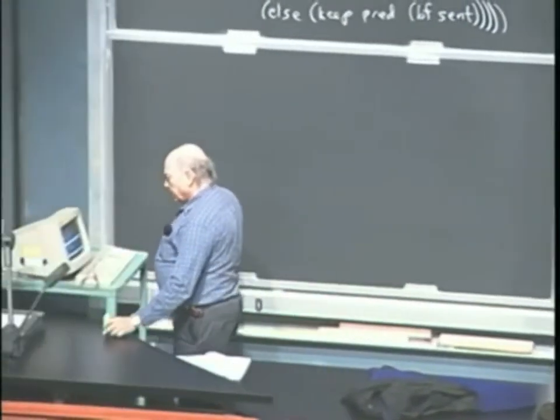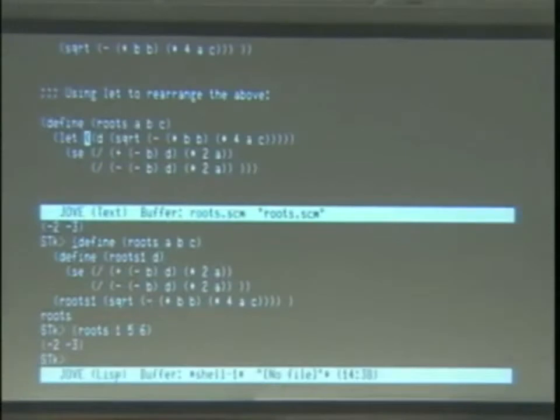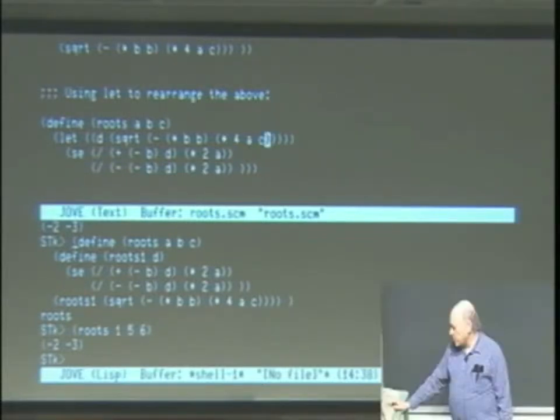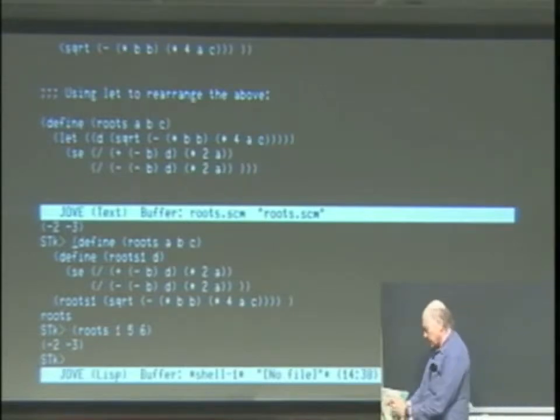So luckily there's Emacs. Out here, we have 5 close parentheses, one after the other. The innermost 3 of those are ordinary parentheses closing function calls. So this one is closing the call to times for times 4AC.